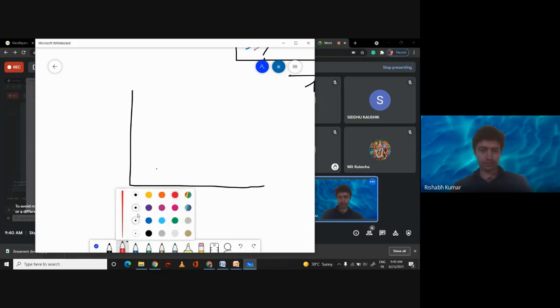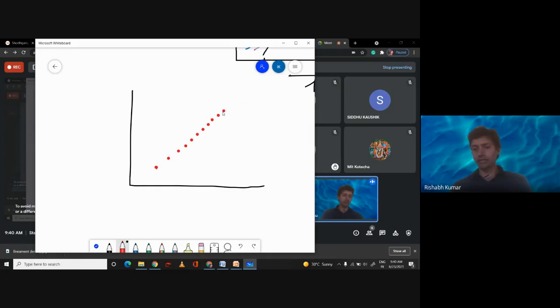Wait a second. So suppose if you have a distribution of points like this, and I ask you to represent the trend in the data set. How will you represent the trend? In which model can you fit all these points? It is simply by saying it is following a straight line.